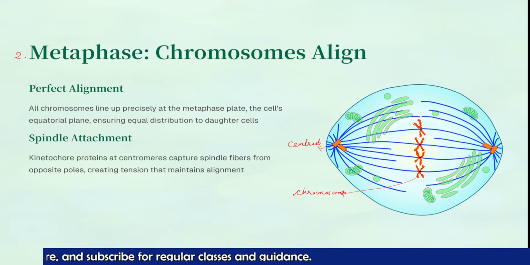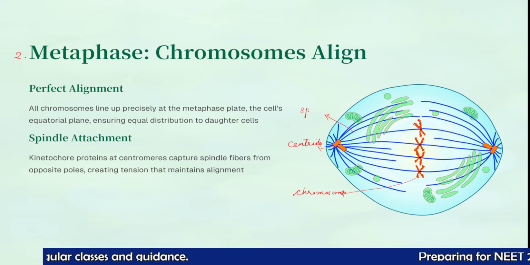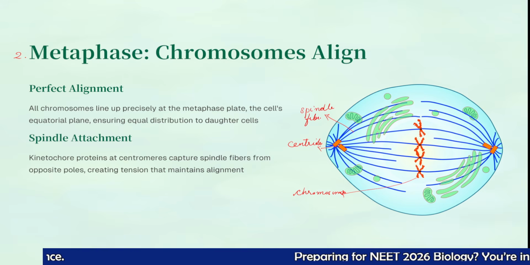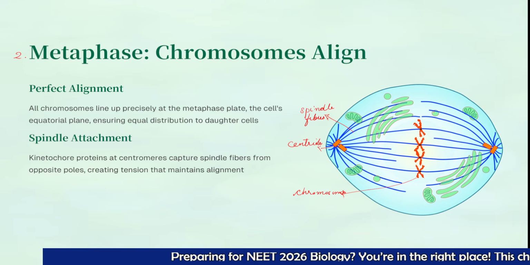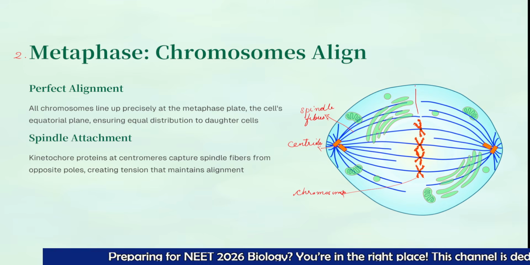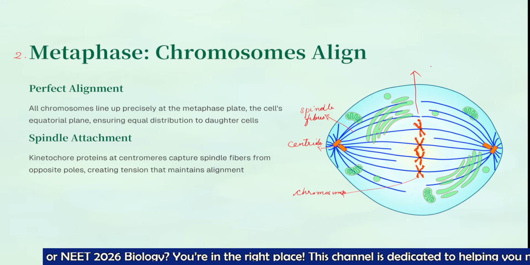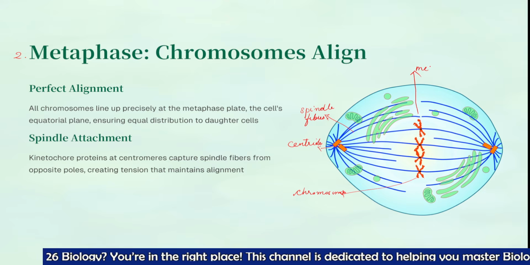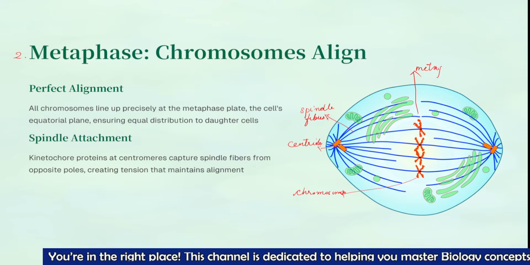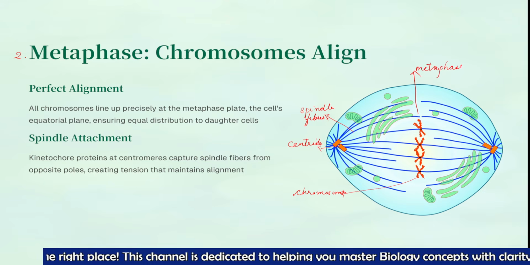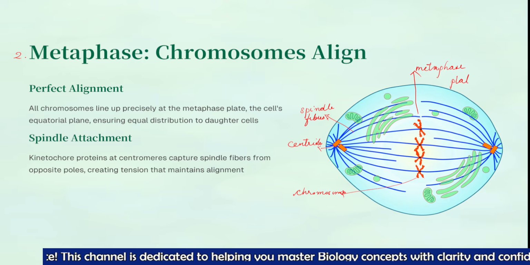From the centrioles, spindle fibers arise. So first, all the chromosomes in the cell are arranged at the equator of the cell, forming a specific region, and this is called the metaphase plate or equatorial plate.